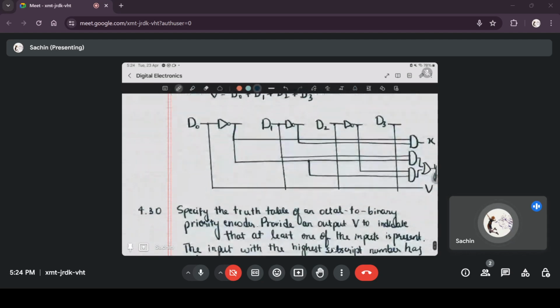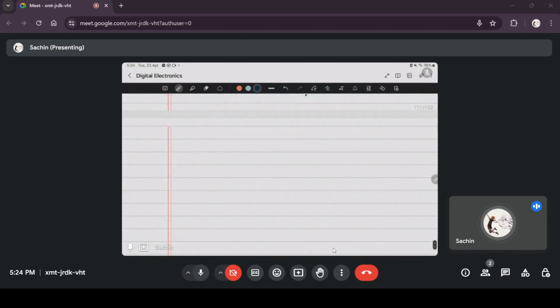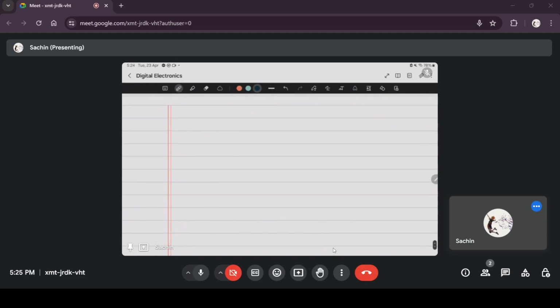In octal to binary, there are 8 input lines because there are only 8 octal digits, D0 to D7.